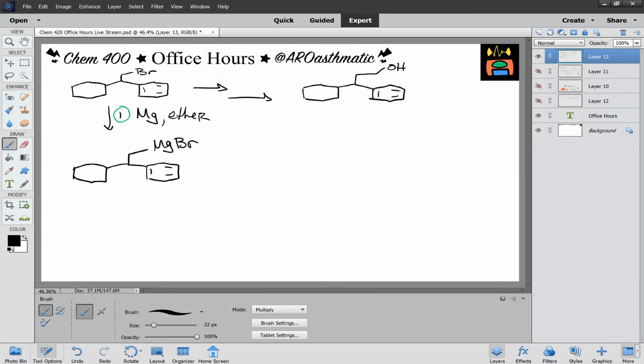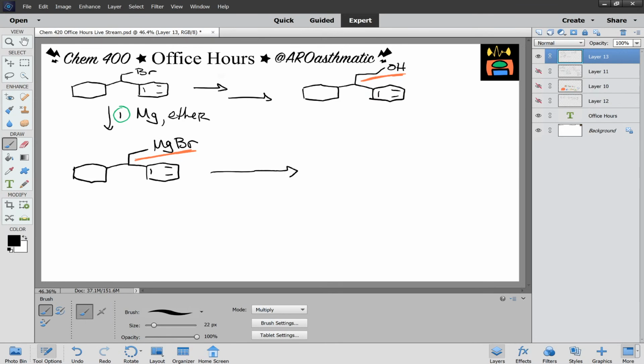But then when you think about, okay, how do I take this piece and get it here? I only want to add 1 carbon, right? And Grignards are famous for reacting with carbonyls.